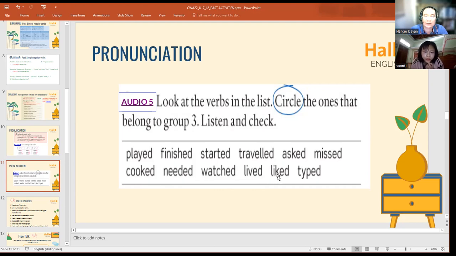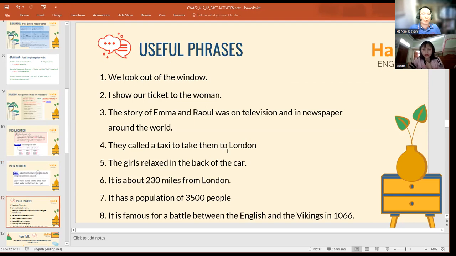Correct. Liked. We do not say "lied"; it should be liked, so it's number 2. That's correct. Typed. In number 2. Very good.